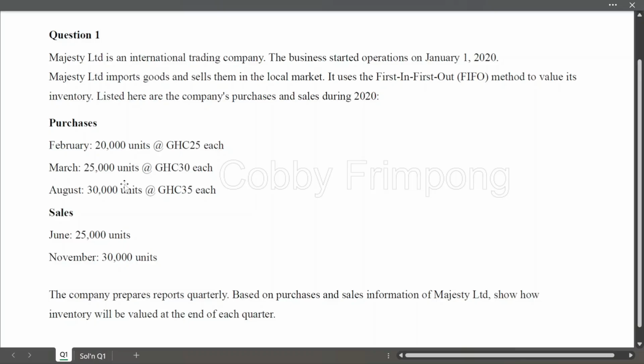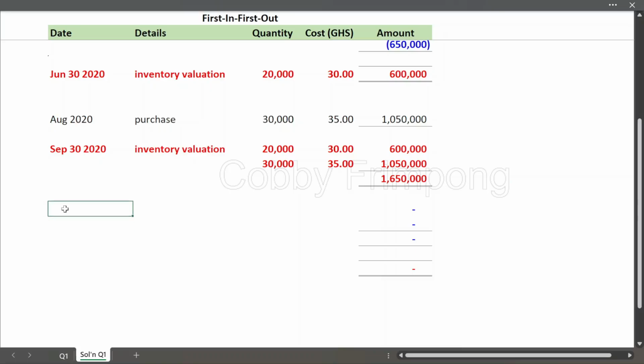We continue with what happened in the fourth quarter. There wasn't any purchase transaction, but a sales transaction in November. We sold 30,000 units. November 2020, a sales transaction of 30,000 units.